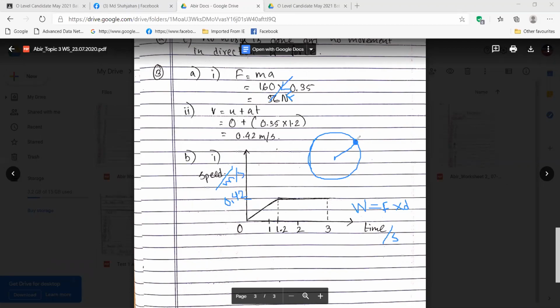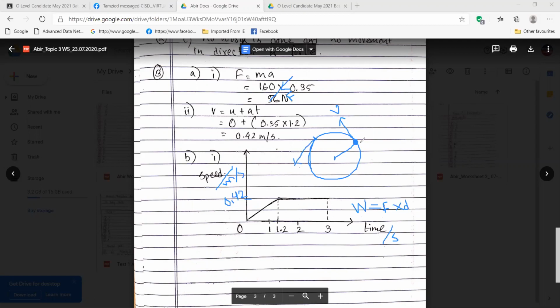At every point of the circle, the direction of the velocity is along the circumference, that is, the tangent, right? Yes, sir. Everywhere it will be the same.